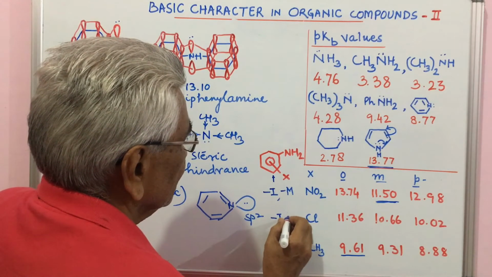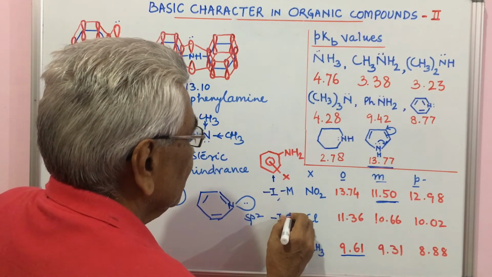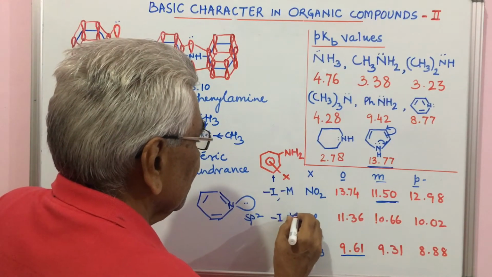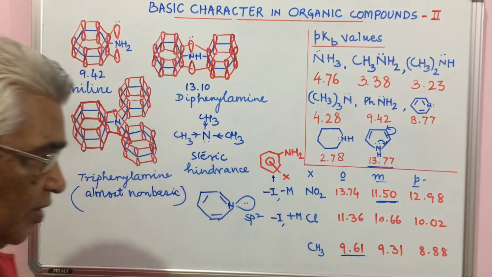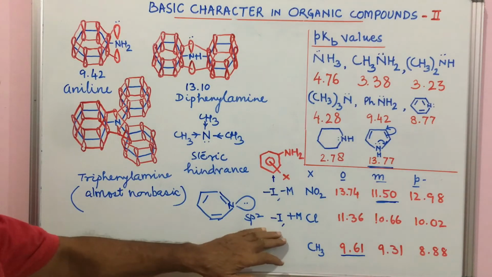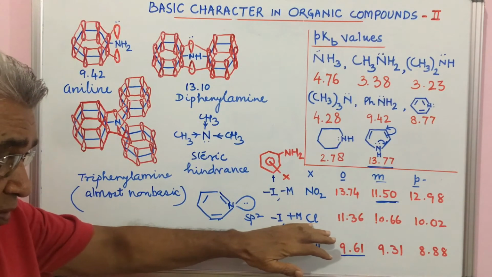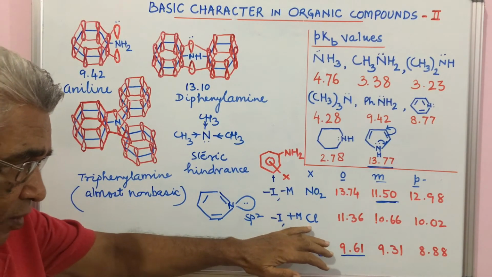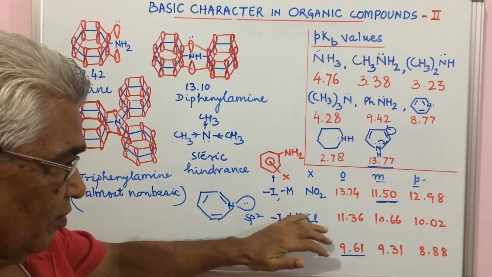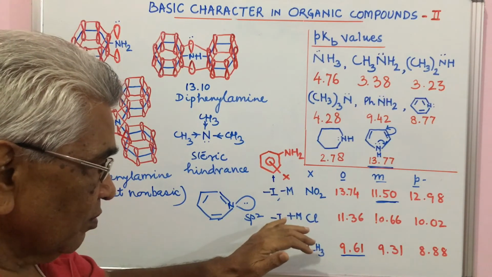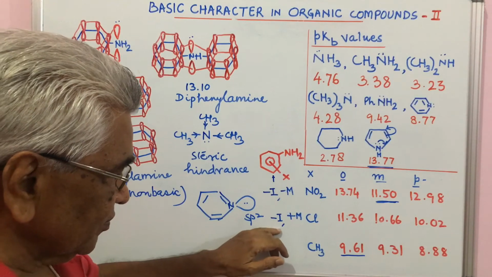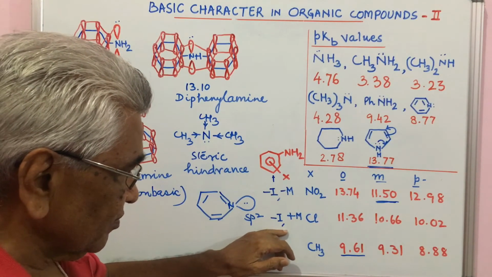In this case, you have minus M, minus I and plus M. Chlorine has a very strong minus I effect. The plus M effect is subdued and this mainly shows the effect.